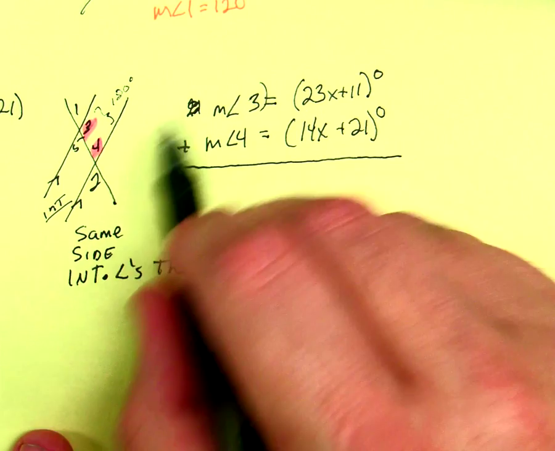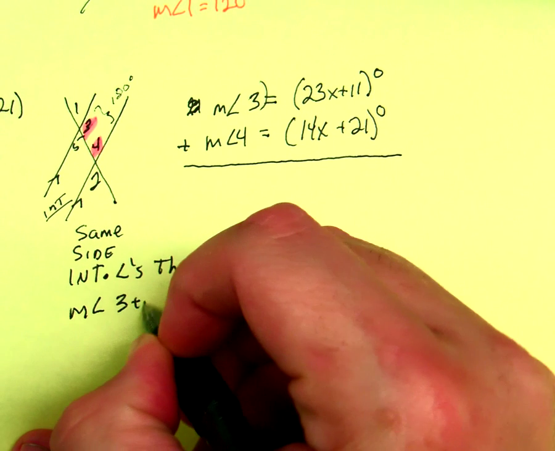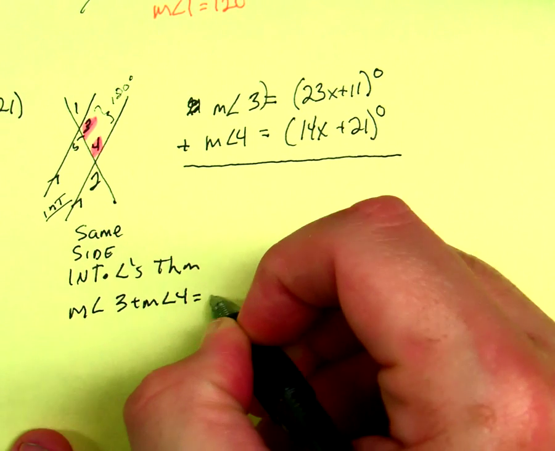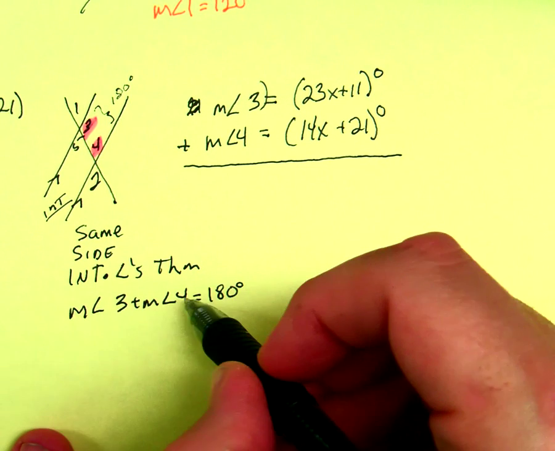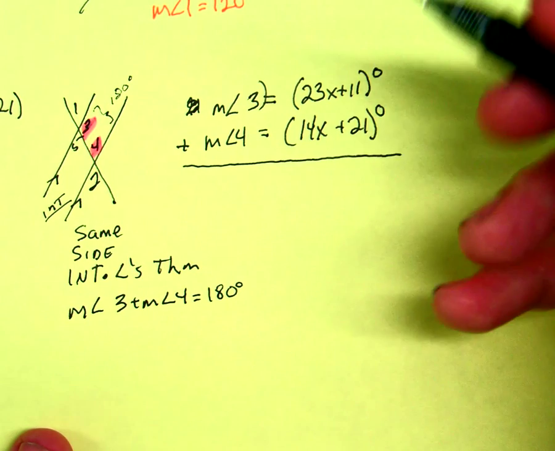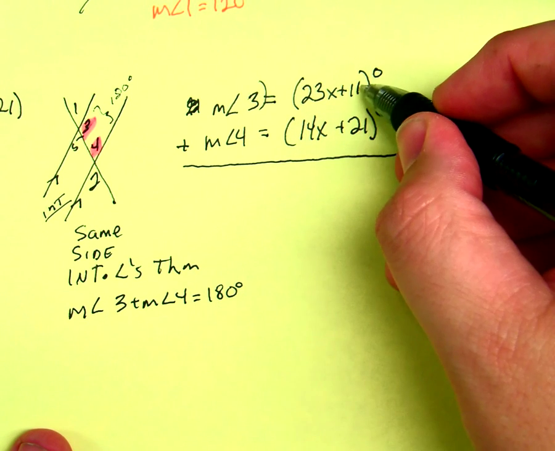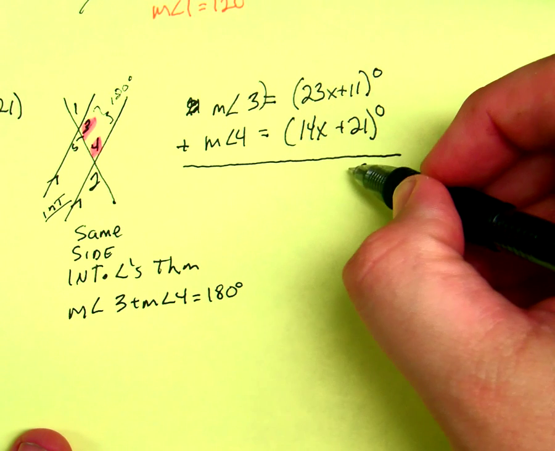And because I know that the measure of angle 3 plus the measure of angle 4 is equal to 180 degrees, I need to figure out what angle 3 plus angle 4 is going to be. Well, since they're here, I'll just add them up. So 1 plus 1 is 2, 1 plus 2 is 3, so that's 32.